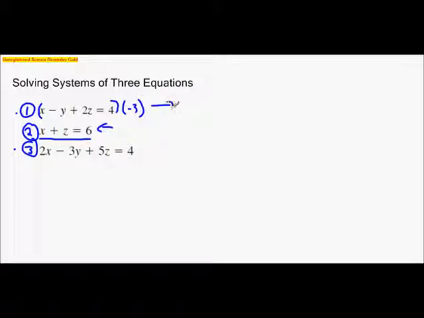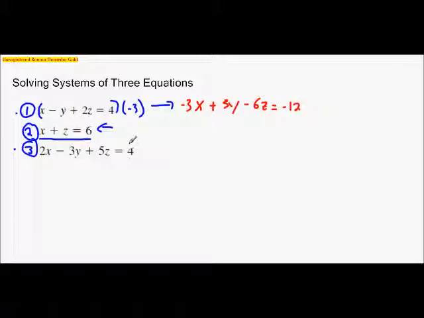And then I'm going to rewrite it right here. Okay, and let's use a different color. So negative 3 times x is negative 3x. Negative 3 times negative y is positive 3y. Negative 3 times positive 2z is negative 6z. And negative 3 times 4 is negative 12.